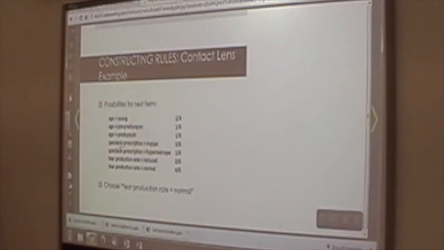And by the time you get to spectacle prescription equals myope, I'm probably mispronouncing these, you have 6 instances where your astigmatism is yes and spectacle prescription is myope. Of those, 3 are classified as hard lens recommendations.